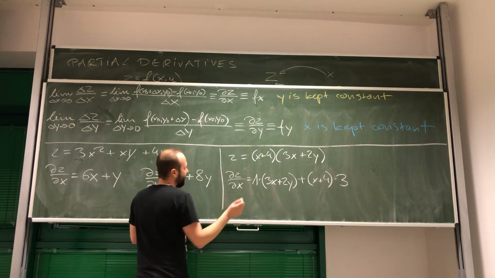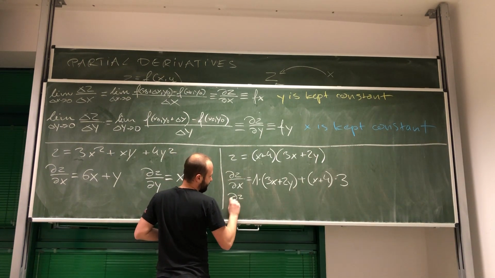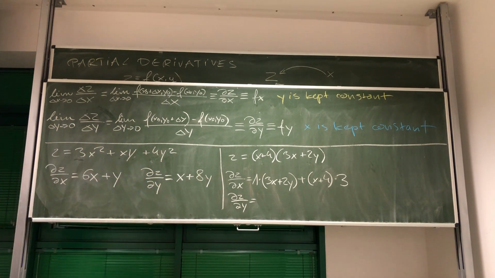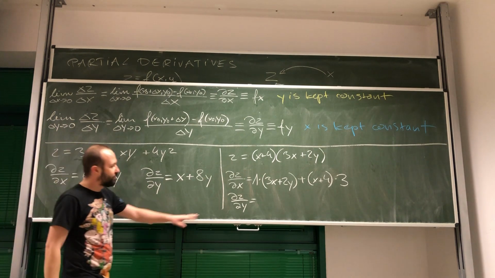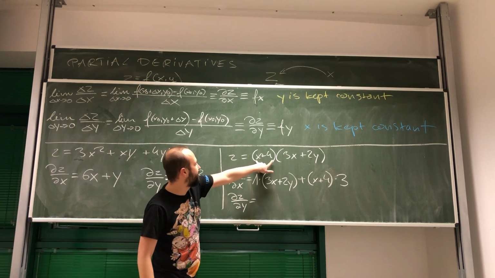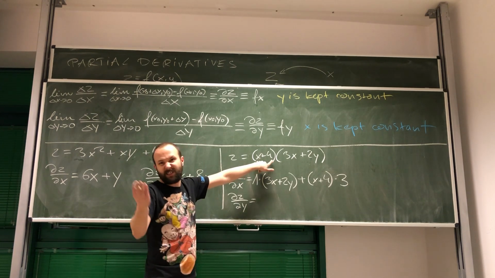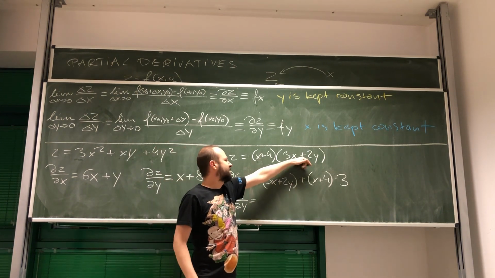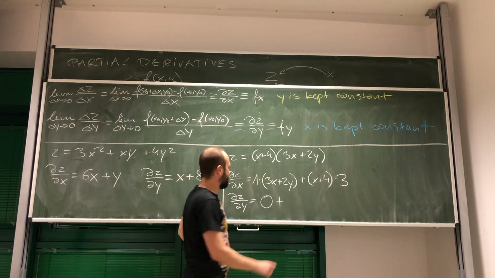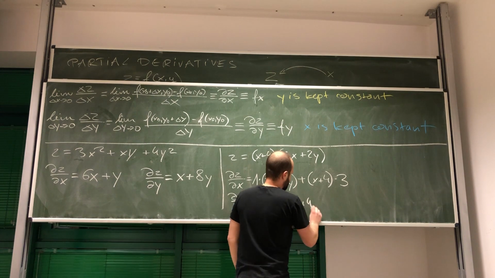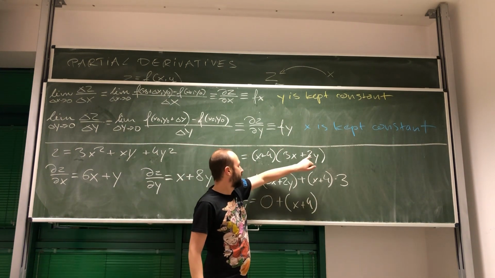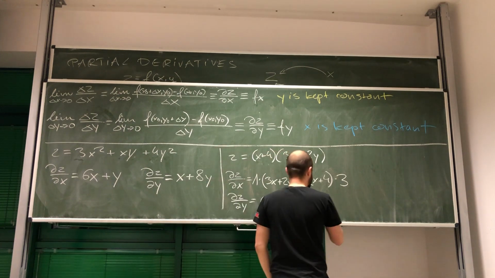Now if I'm going to calculate the same function but with respect to y, x is kept constant. So now derivative of this is 0 times this, still 0, right? Then plus the first function, and this is kept constant, so 0, and we get just 2.